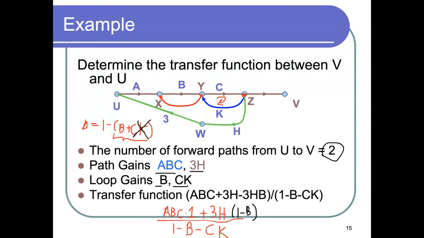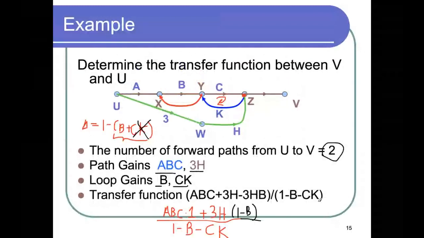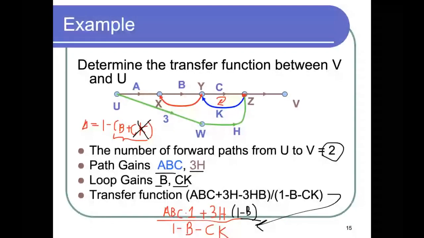I go back to Mason's formula, the determinant. Then what else do we need? We need the path gain of the kth path and the cofactor. So what is the cofactor? The cofactor again is the determinant with the loops touching the kth path being removed. So for the first path, we have the path gain ABC.